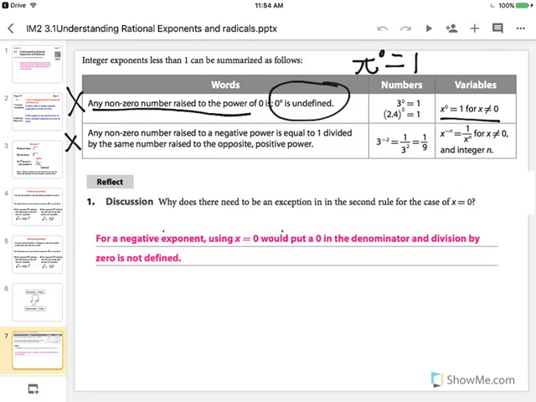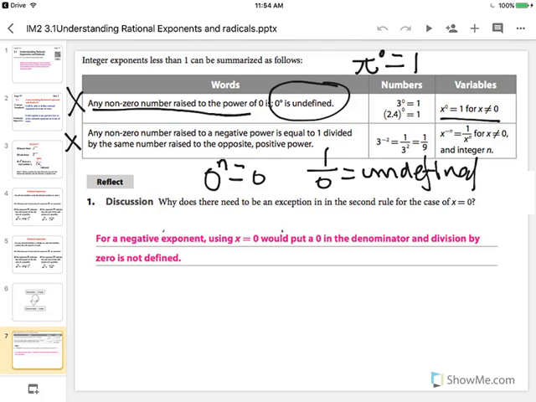In terms of variables, x to the negative n is equal to 1 over x to the n power, for x not equal to 0. Remember that 0 raised to the n power is 0. So if we have 1 over 0, this is undefined.